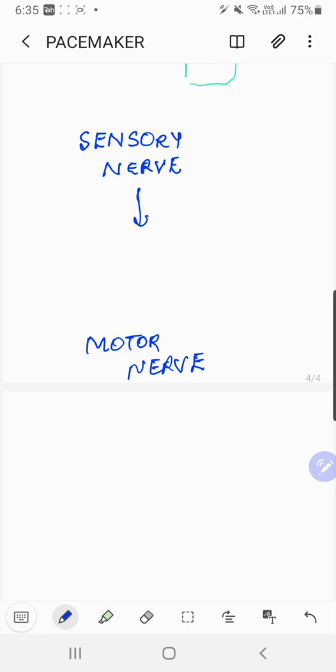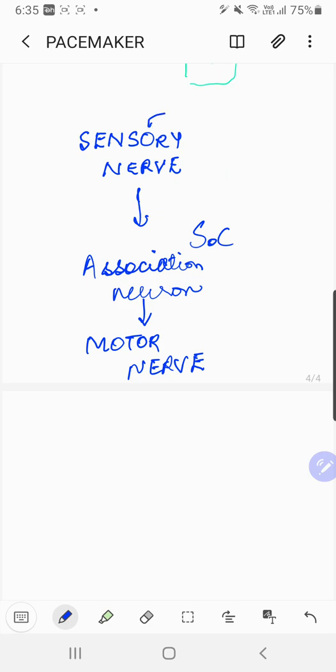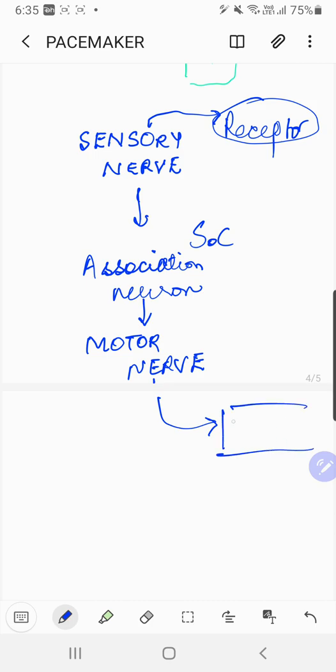Then since this is the reflex action connected with the spinal cord, you will be writing here association neuron, right? But when you are writing sensory, you have to mention that it is coming from the receptor and it is ending up at the effector organ. So this is the response side and that one is the stimulus side.